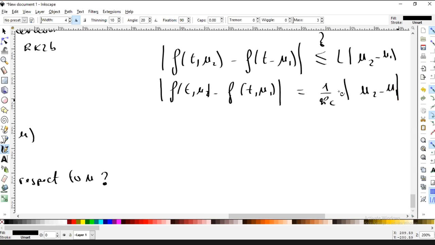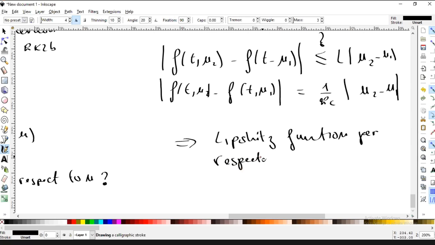This is your constant L. So it's a Lipschitz function with respect to u, and we have a unique solution.